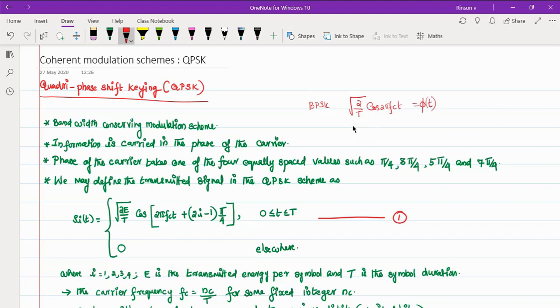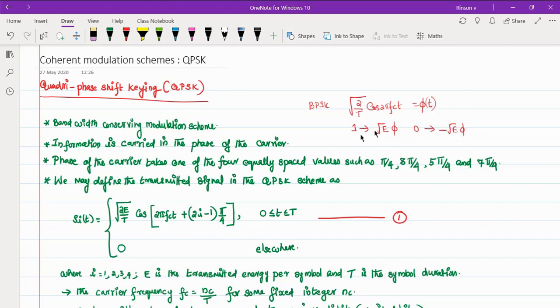To transmit 1, you will be transmitting root E phi 1, and to transmit 0, you will be transmitting minus root E phi 1, okay?